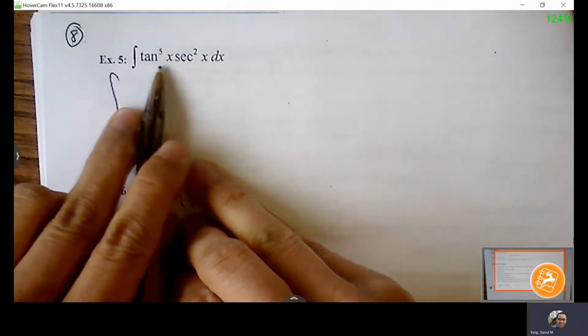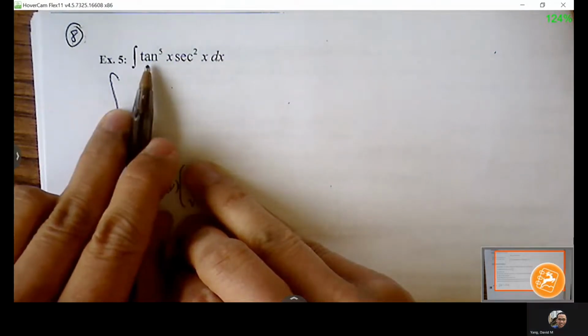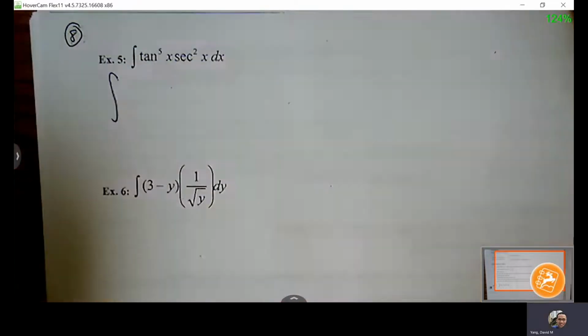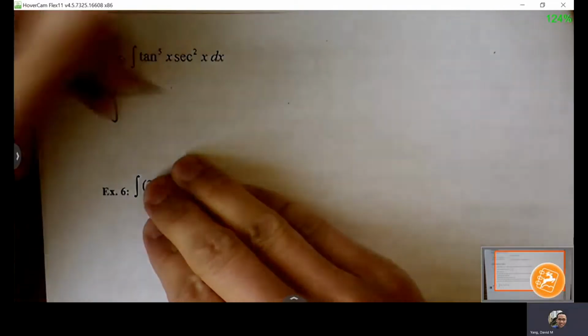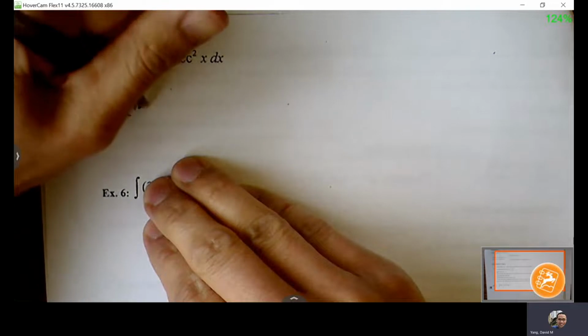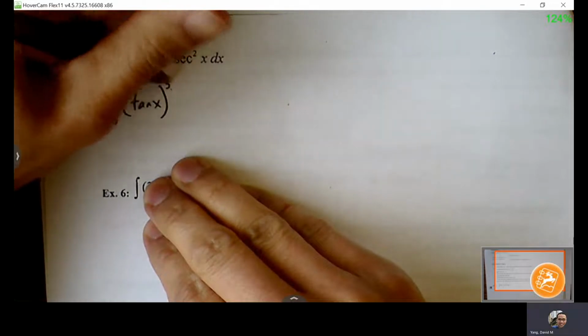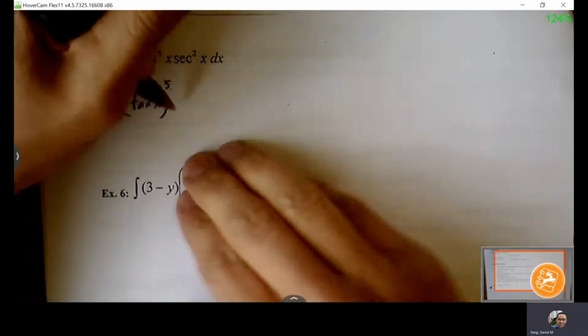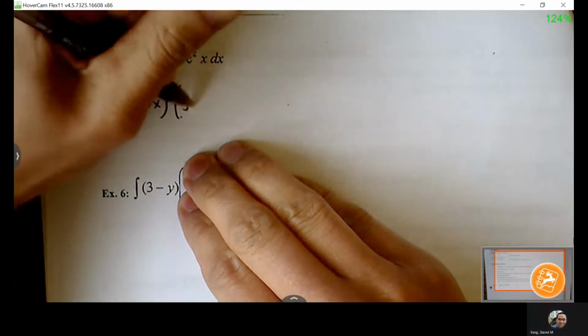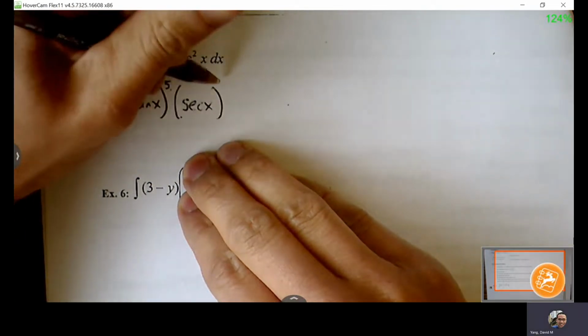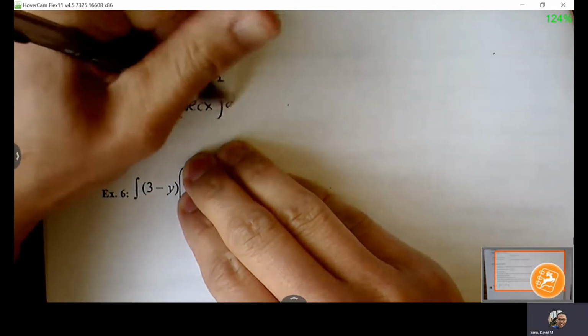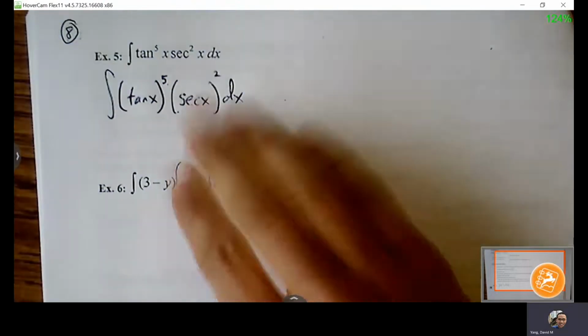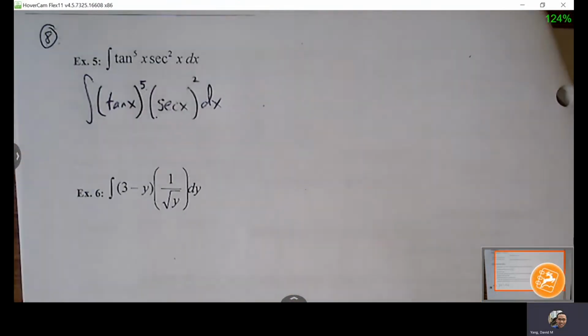I can write this as tangent fifth x, the same thing as (tangent x) to the 5th, and then secant squared x, the same thing as (secant x) squared, right? So at least we get the parentheses to show so that we can look at some options available.